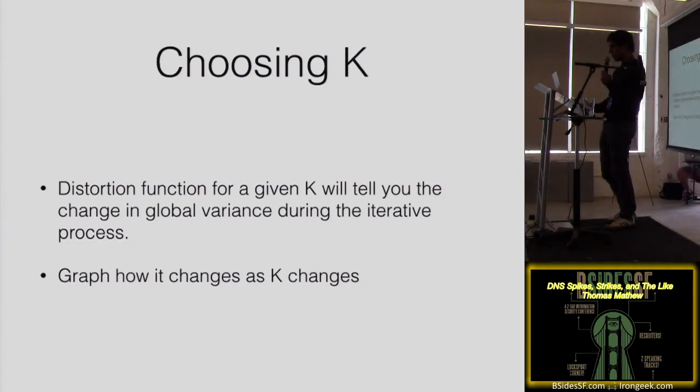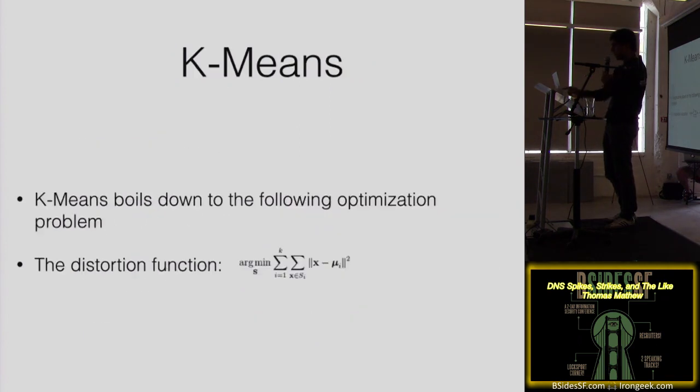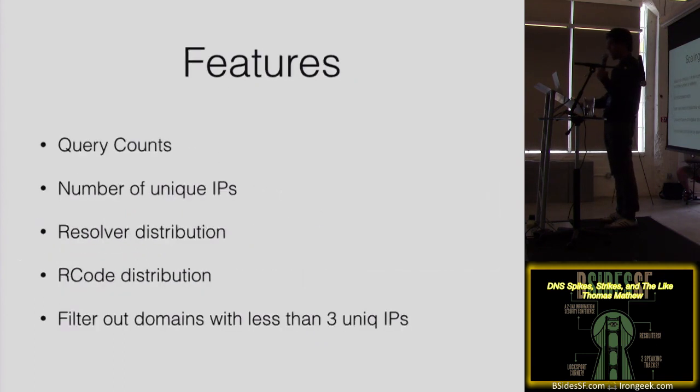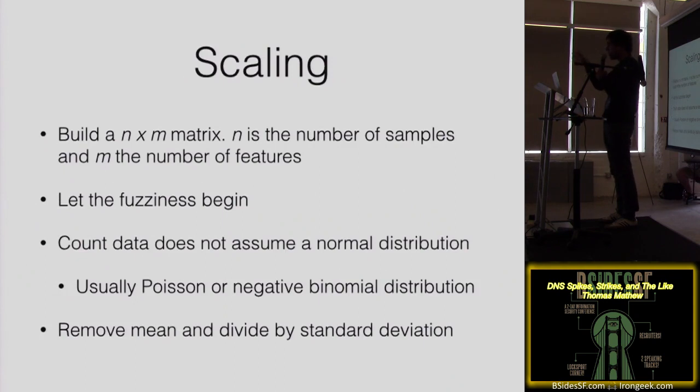If you remember, we had this equation over there, and we call this the distortion function. The distortion function basically told us how much movement and variance is going on every time you run this algorithm. So it's a good way of figuring out how much change overall is happening every time we add or remove clusters.